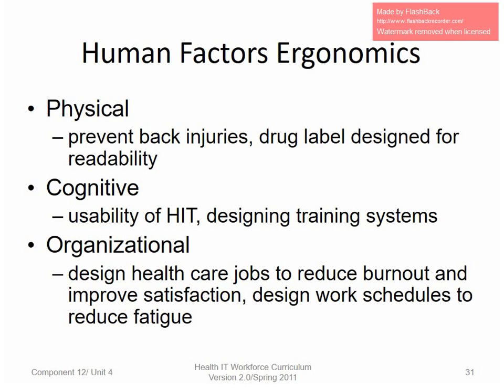Here are some human factors. We're going to talk about ergonomics, but we've got physical, cognitive, and organizational factors that can lead to errors. Ergonomics with physical, you've heard of ergonomics, people think about the way their desk and their chair work together.